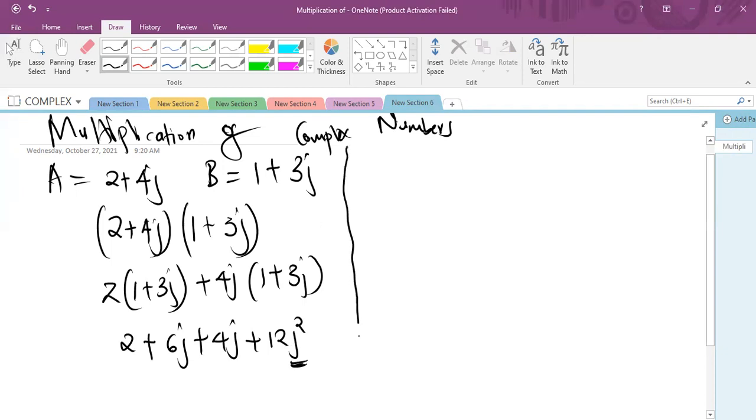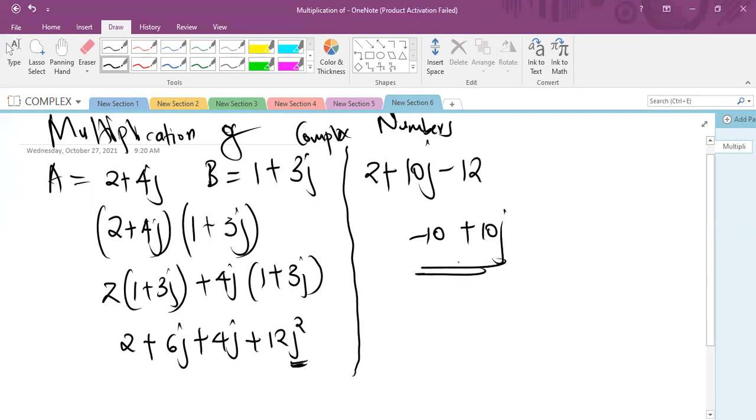So with this, we'll just simplify to 2 plus 6j plus 4j will give us 10j, and then minus 12 because j squared is -1. So 2 minus 12, that is minus 10 plus 10j. So that's basically how we carry out multiplication of complex numbers.